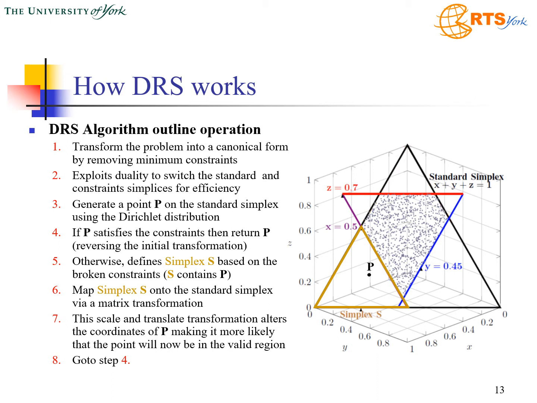And then once again, we make a rescale operation which maps simplex S onto the standard simplex. And here we can see that now the point P has moved to within the valid region. So the algorithm has now converged and will return this point.